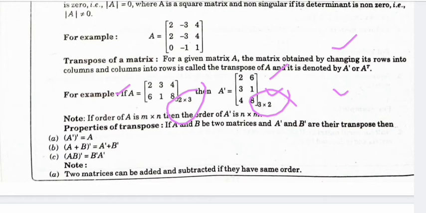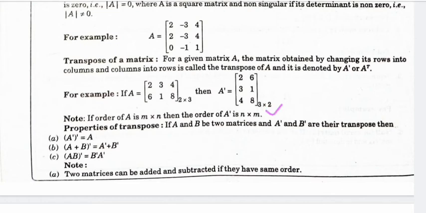So the 3:2 matrix is the transpose of the matrix. The notable point here is that if the order of A is m into n, then the order of A transpose is n into m.